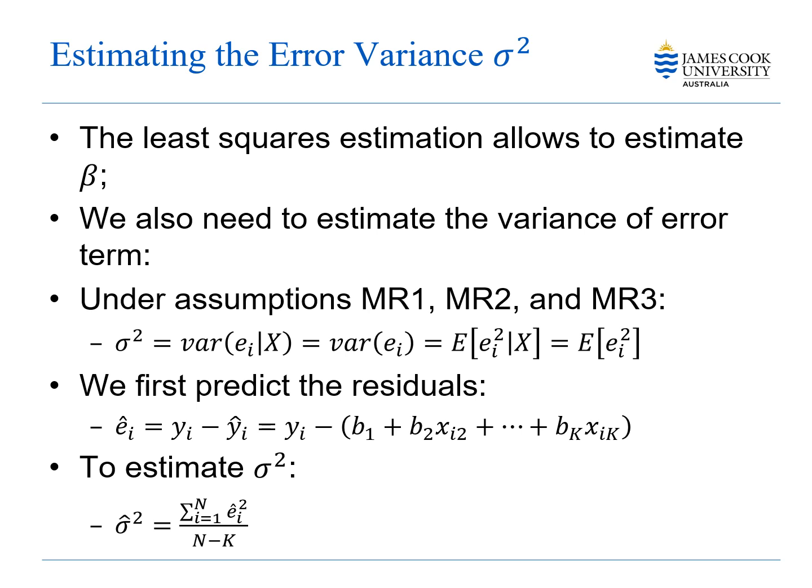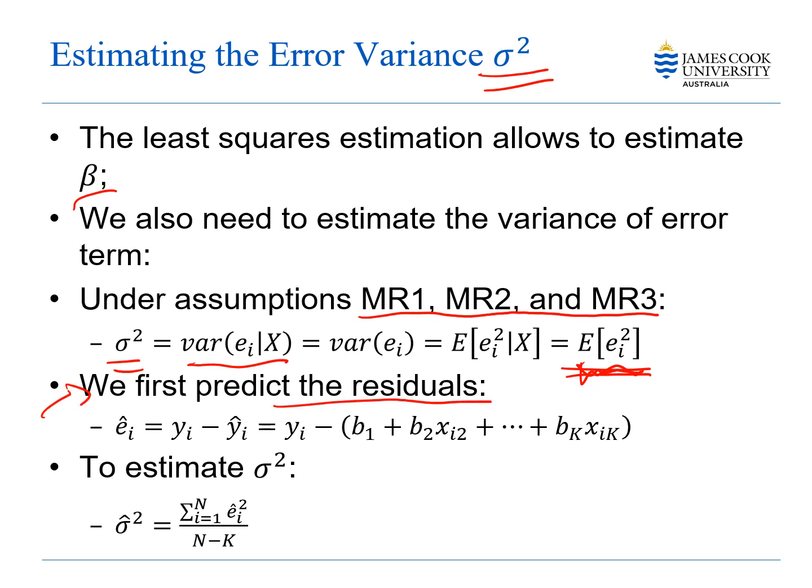So the least squares estimation allows us to estimate beta, but we have additional parameters, right? Remember, we have one more parameter, which is sigma squared. How do we estimate this? Under assumptions MR1, MR2, and MR3, we know that sigma squared is the variance of the error terms, which is the expectation of e_i squared, right? So to estimate sigma squared, in light of this formula, we can first predict the residuals.